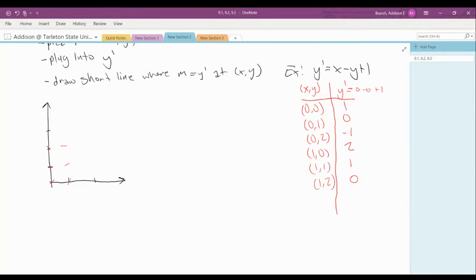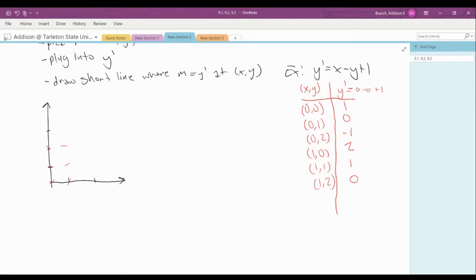One thing we can do with slope fields is solve for solution curves. They may say, here's a slope field, draw the solution curve at this point. You can even draw different solution curves based on what we have.